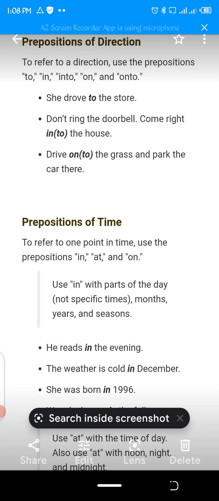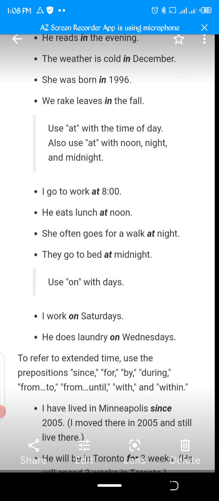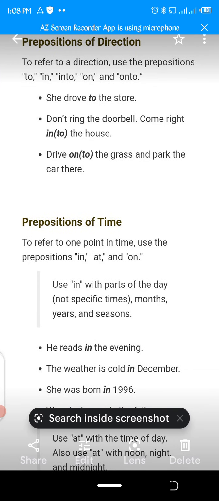Into is a preposition, same as to used in she drove to the store. Also, drive onto the grass and park the car. Onto is a preposition. What kind of preposition? A preposition of direction.